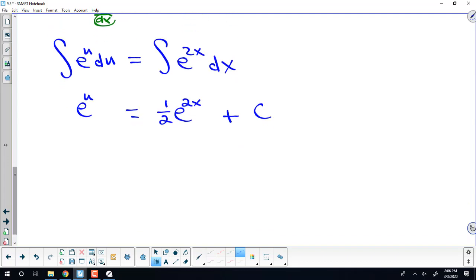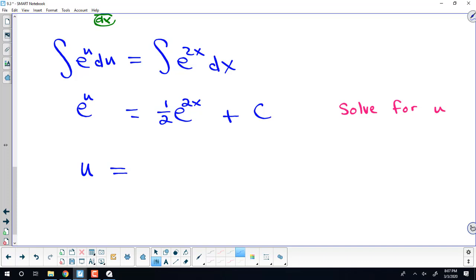And then from this point, we have to solve for e to the u, or sorry, solve for u. Or u of x. Okay, so our u is equal to what? Can you pull out the 1/2 in front of the natural log?